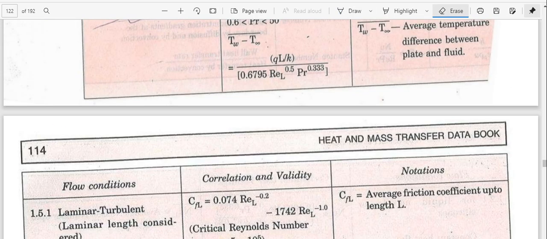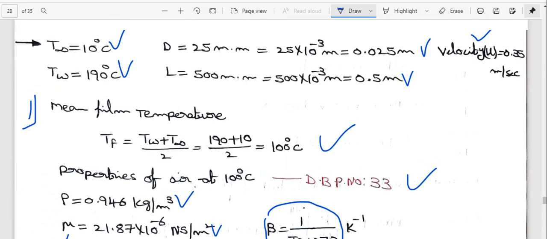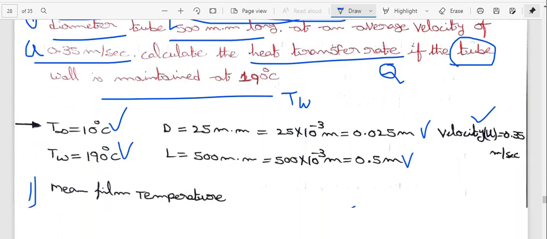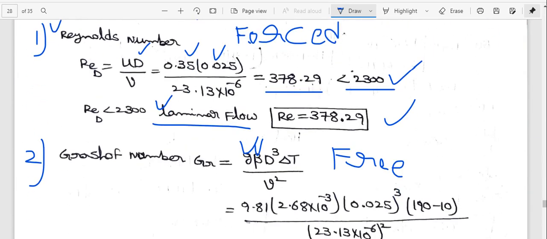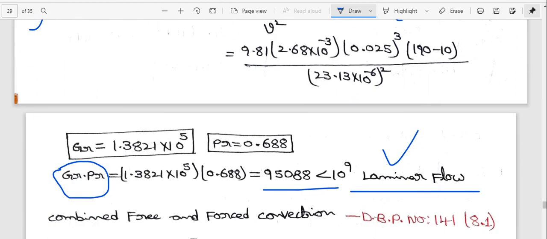So how can we calculate both cases? Here air at 10 degrees and atmospheric pressure is forced through a 25 mm tube. This is a combined question, so the Reynolds number and Grashof number are both laminar flows.